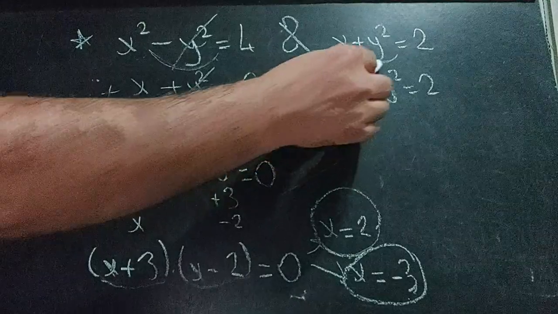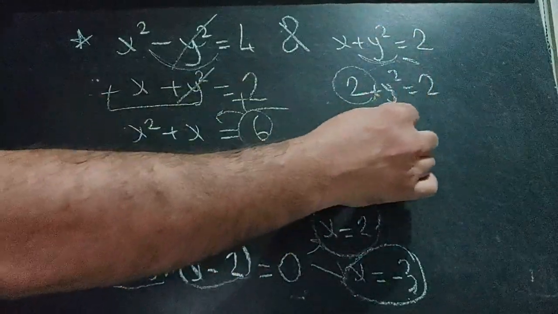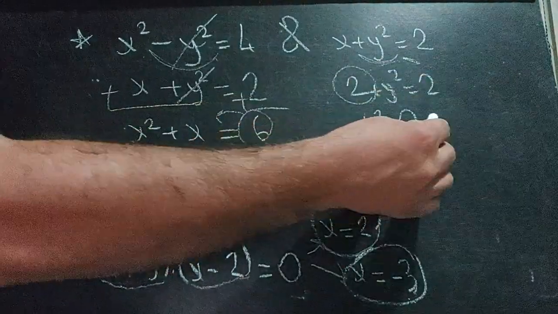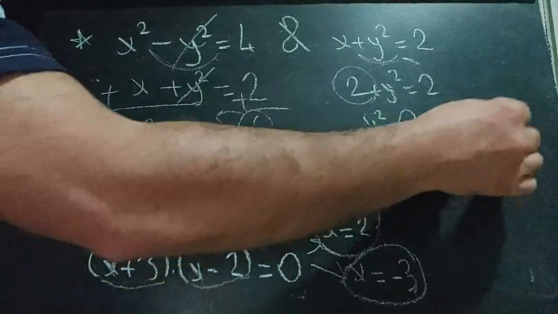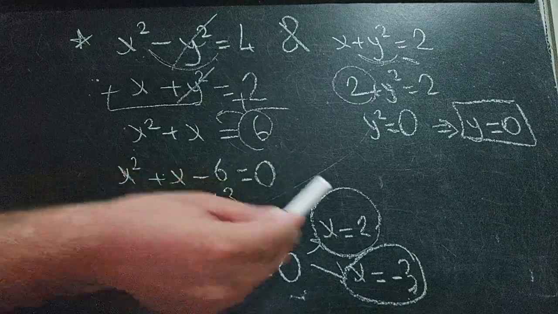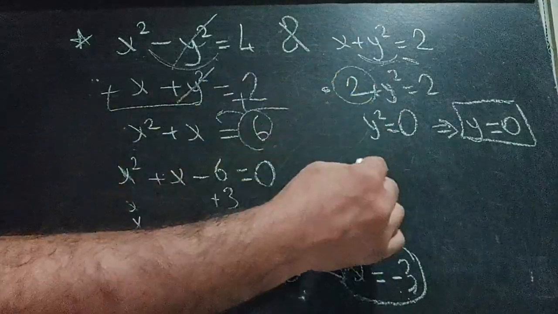This will go to the other side as negative y² equals 0, 2 minus 2 is 0, and y is going to be 0. That's the first value, and write negative 3 there for the second one.